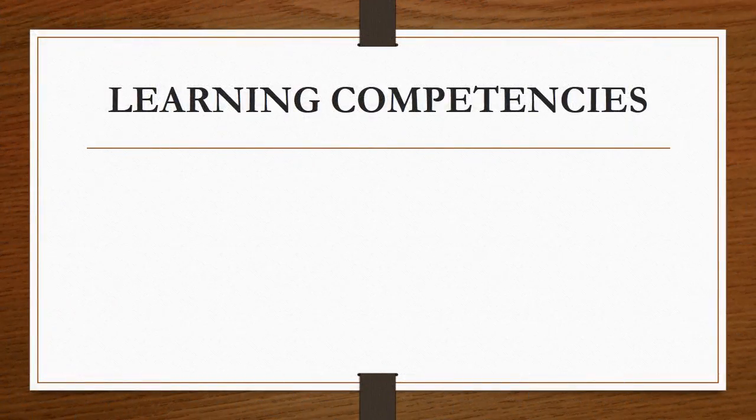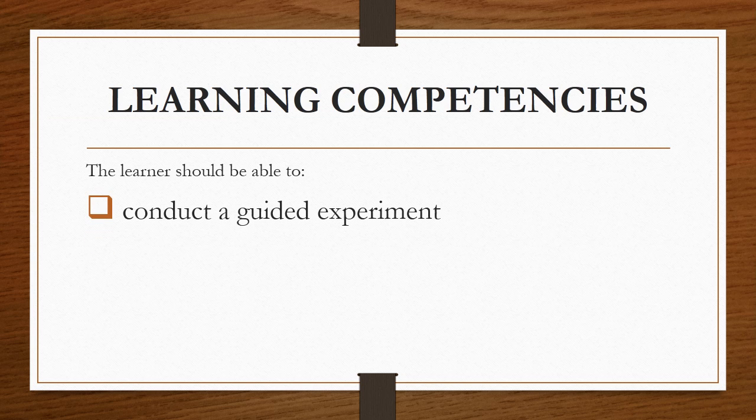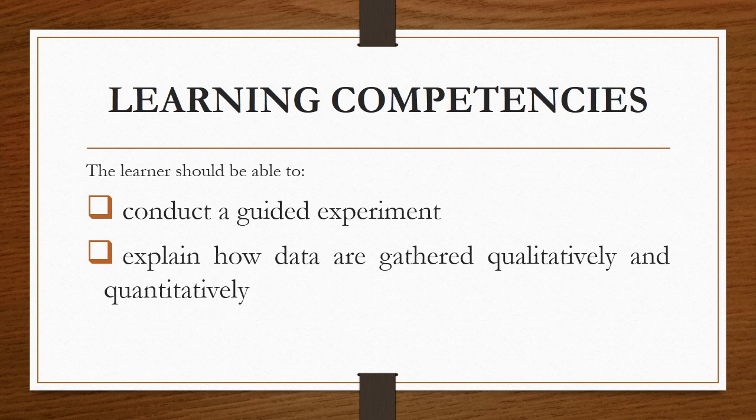Now, your competencies or objectives in this quarter will be: number 1, conduct a guided experiment. Number 2, explain how data are gathered qualitatively and quantitatively.